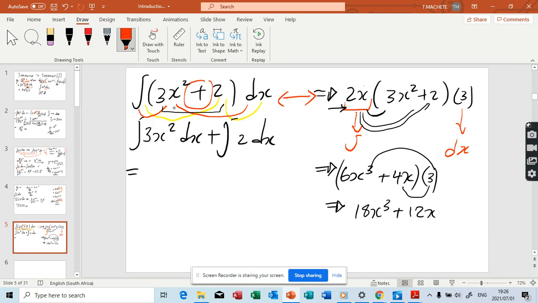I just wanted to show you, using the basics, that this 2x represents the integral sign, and this 3 represents dx. This was just an example, showing you how to multiply out so that you don't ask me why I multiplied everything by dx and integration here. It's the same thing as whatever I did now. Do you get it?